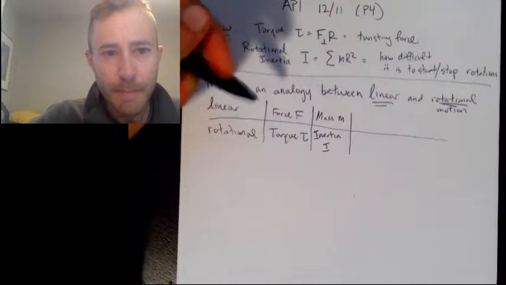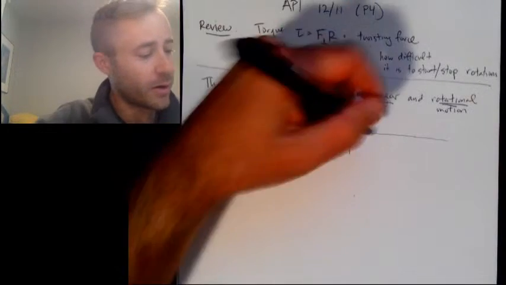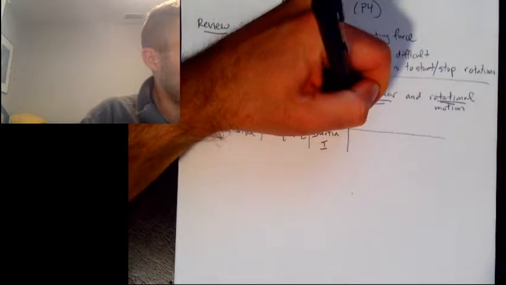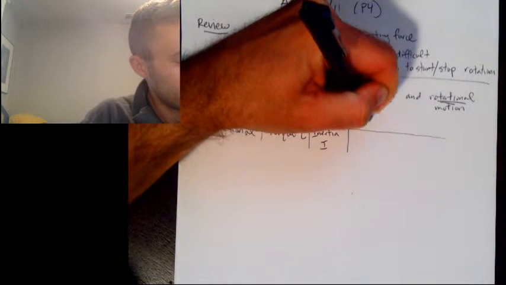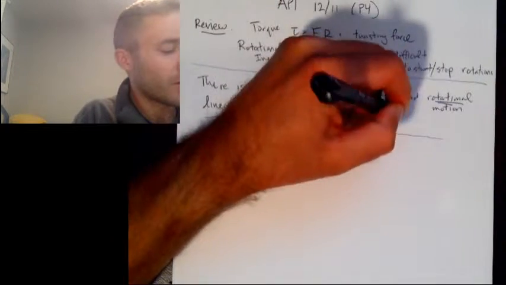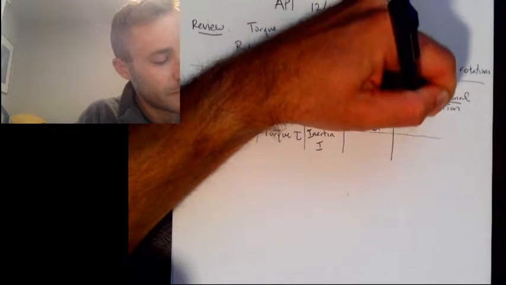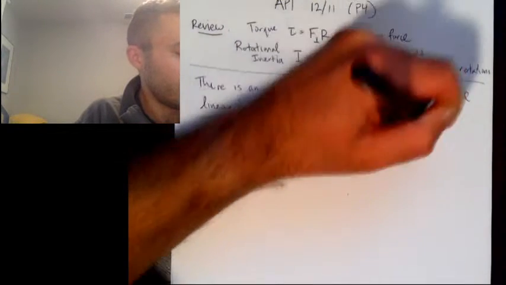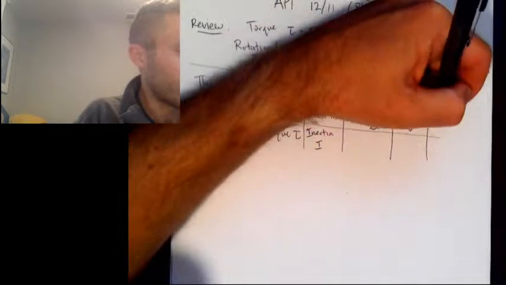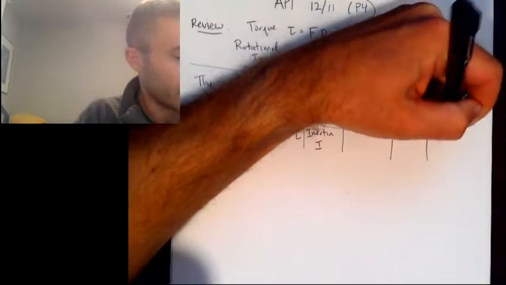So what are some other linear quantities that we talked about? We talked about displacement, which was delta x. We talked about velocity, which is v, and we talked about acceleration, which is a.